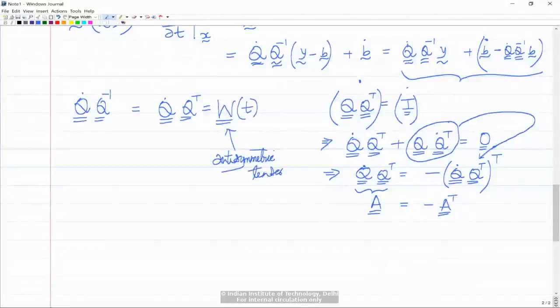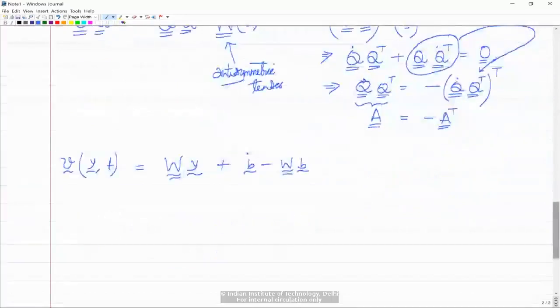Okay, so with this in hand, we can say that v of y comma t, which is the Eulerian form now, is equal to antisymmetric tensor W times y plus b dot minus antisymmetric tensor W times b.